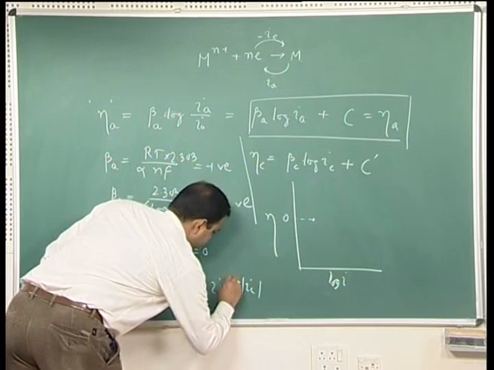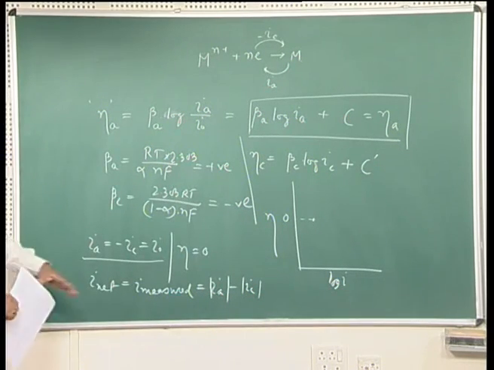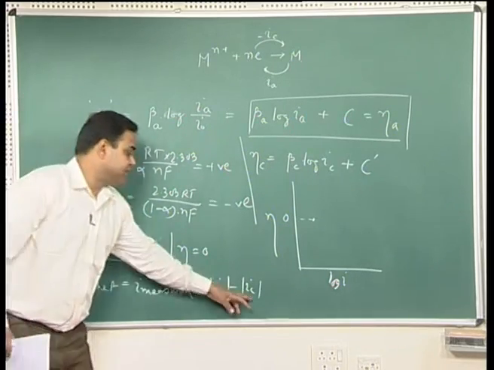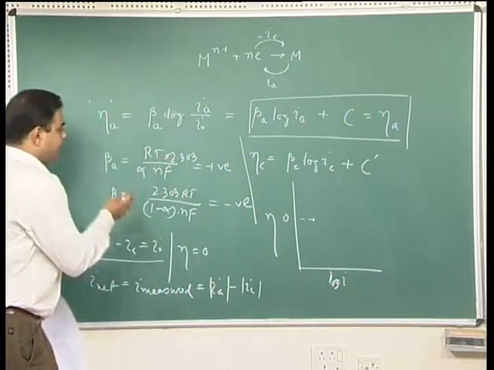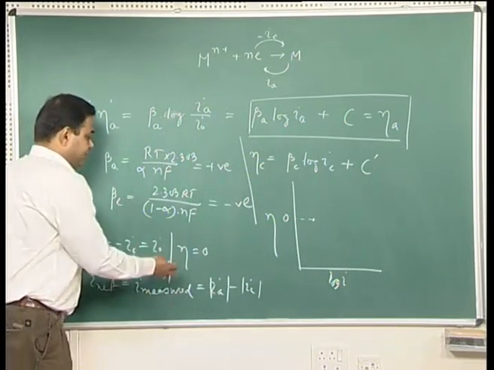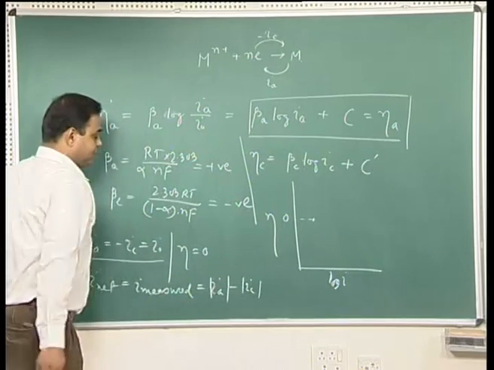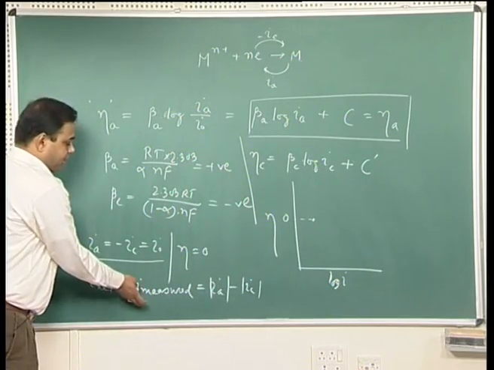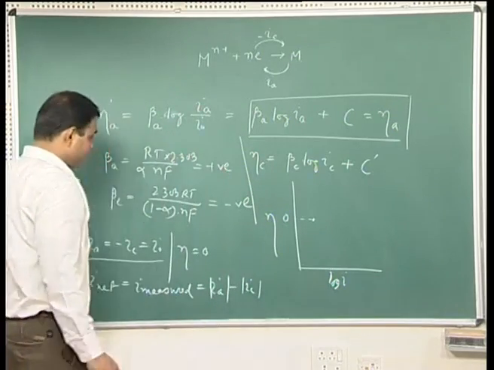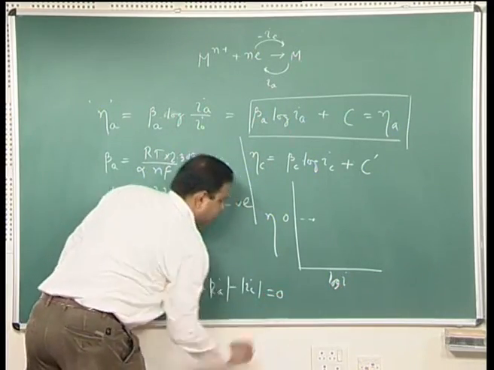I am taking the modulus just to indicate the value. Now, if you see that I C is more, the measured current should be along the direction of I C, and if I A is more than I C, then the measured current direction would be along the I A. So, in that case this would be 0.